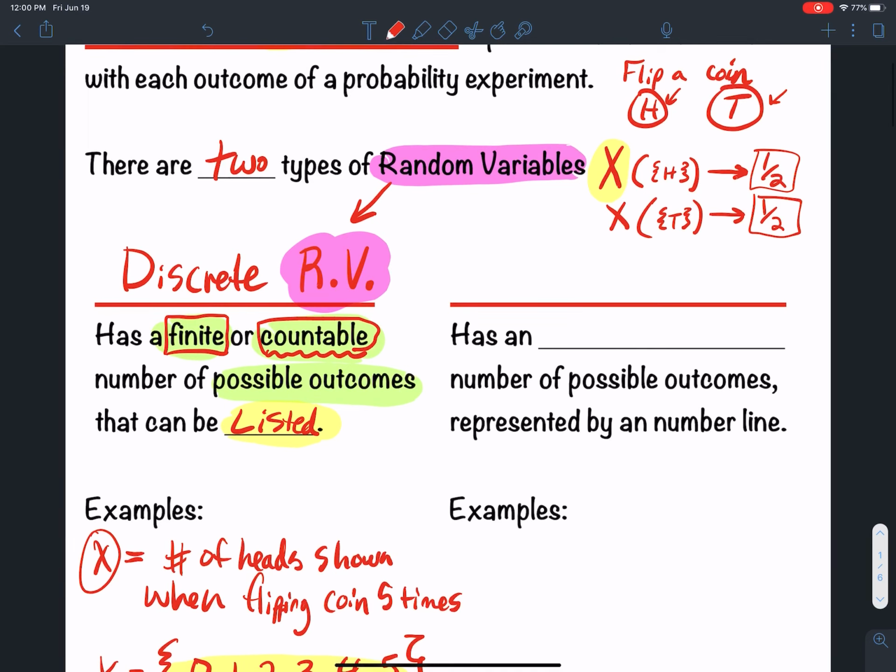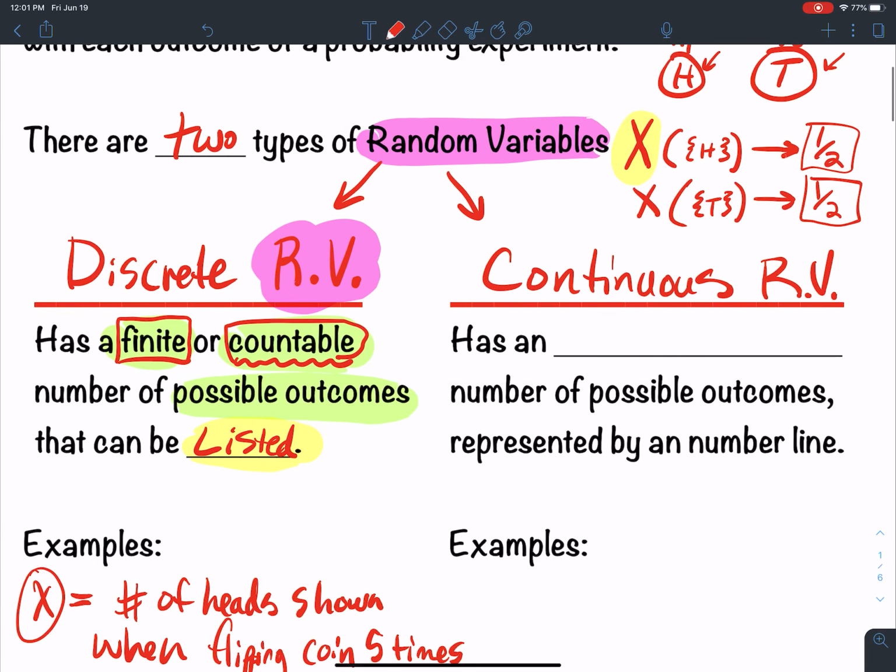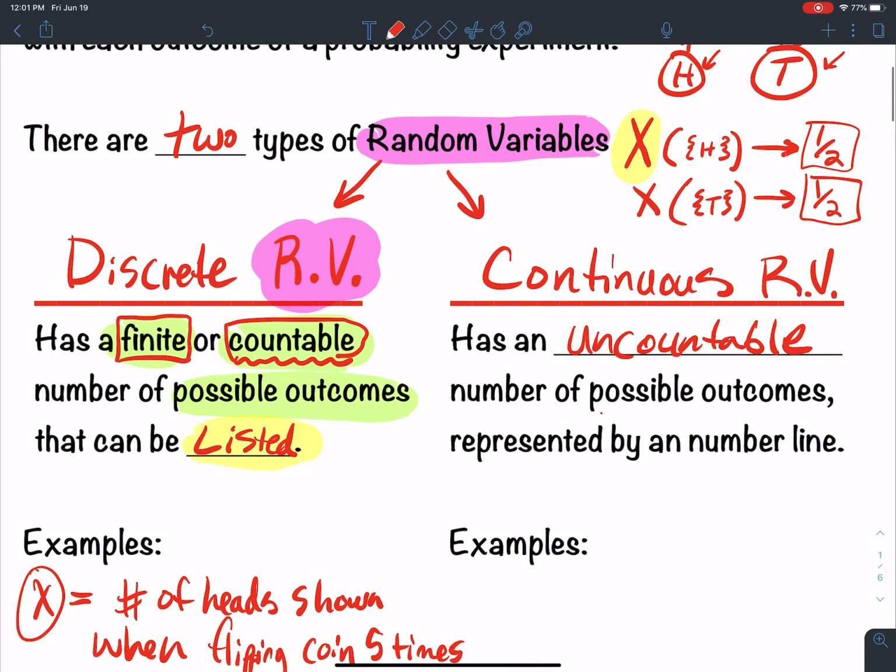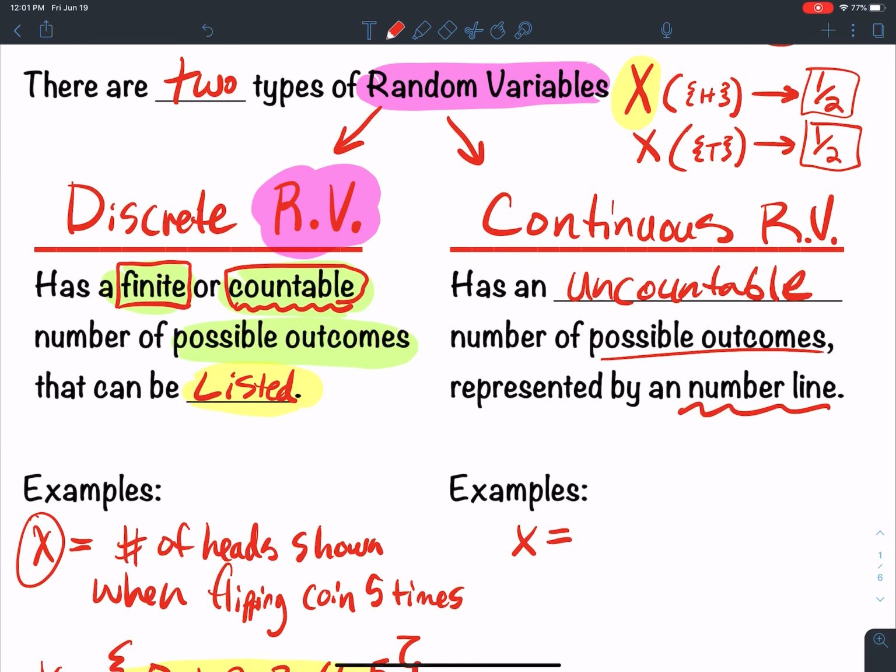So let's do the other type. The other type of random variable is what's called a continuous random variable. Okay, a continuous random variable has an uncountable number of possible outcomes, represented by a number line. So say x is going to represent the measure in inches of the heights of a person.